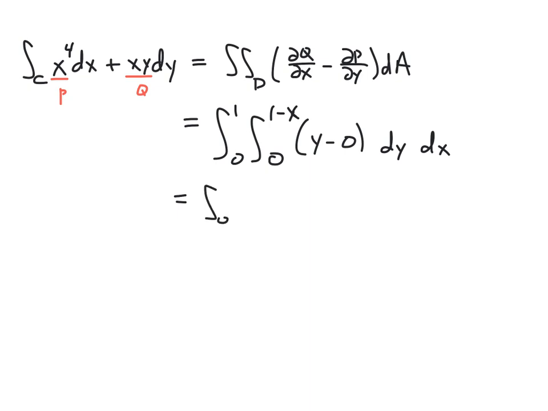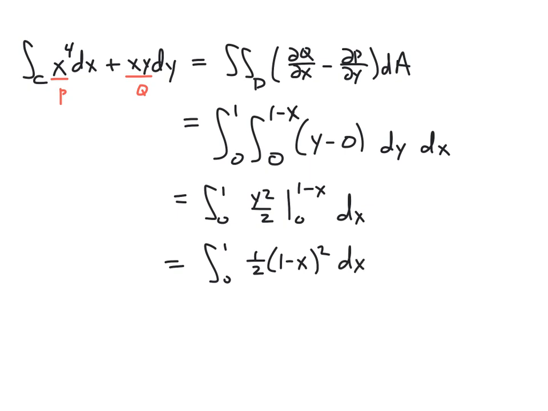So we're going to have the integral from 0 to 1. When we integrate the function y, of course, we get y squared over 2, and that's going to range from 0 to 1 minus x. So we end up here with 1/2 (1 minus x) squared minus 0.